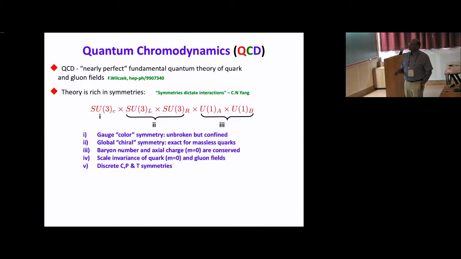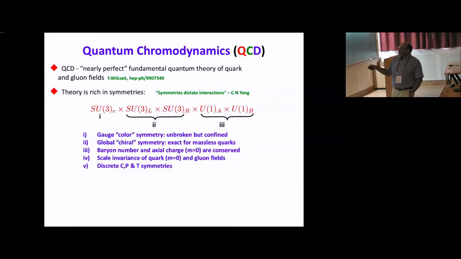It's a local symmetry which is unbroken but confined. So you never see color in nature. There are no free quarks and gluons, or color charge more generically. It has a chiral symmetry. Left and right-handed quarks can be thought of, in the case of massless quarks in the Lagrangian, as being independent degrees of freedom.